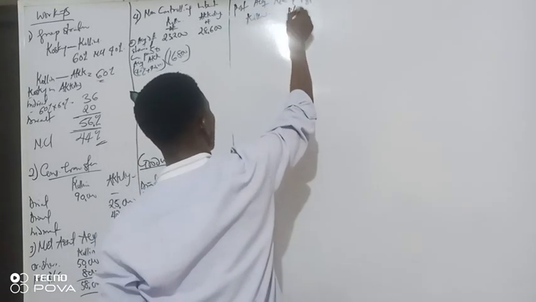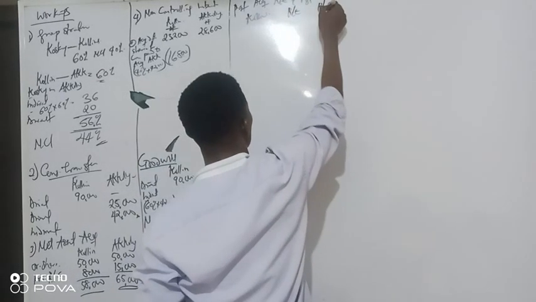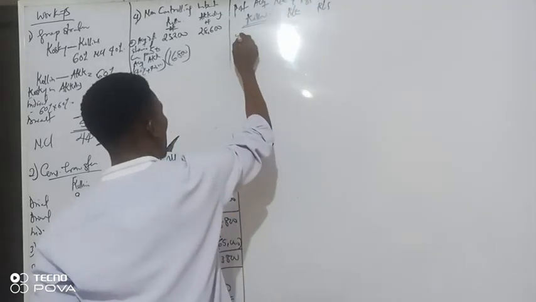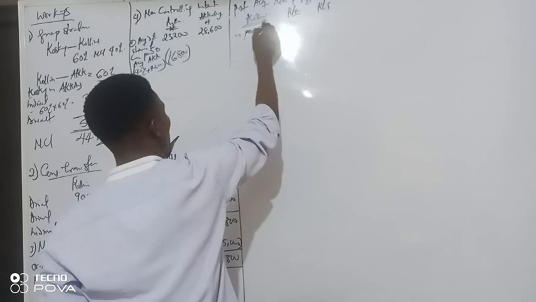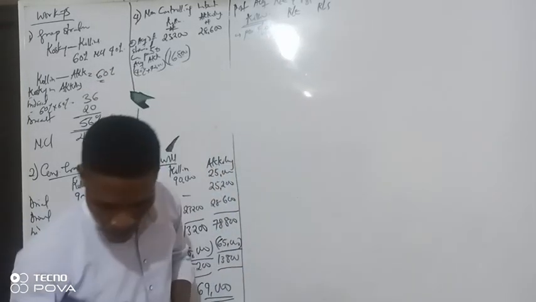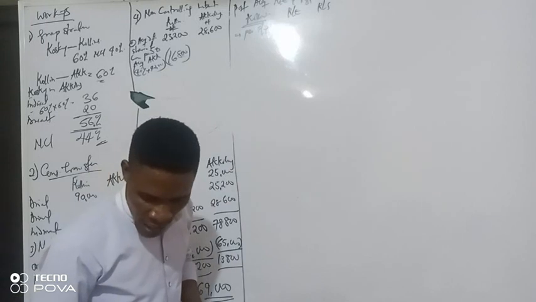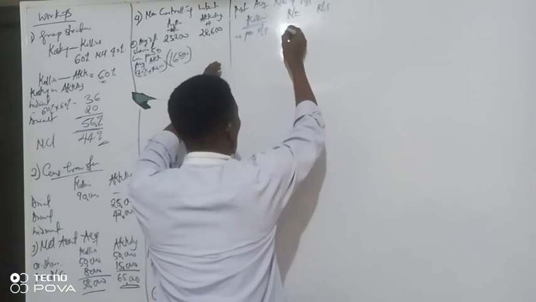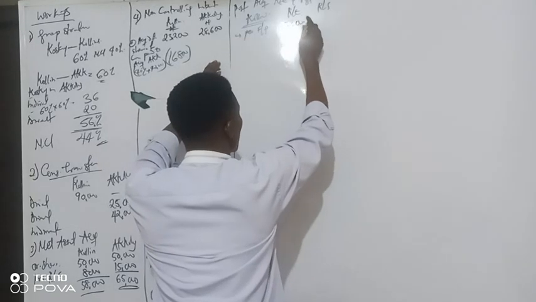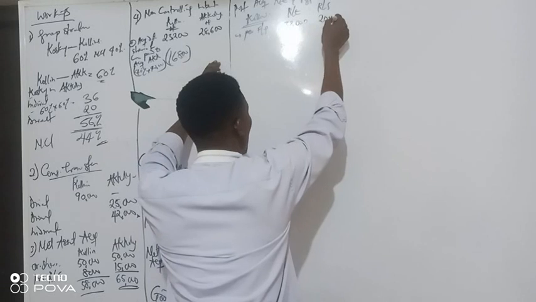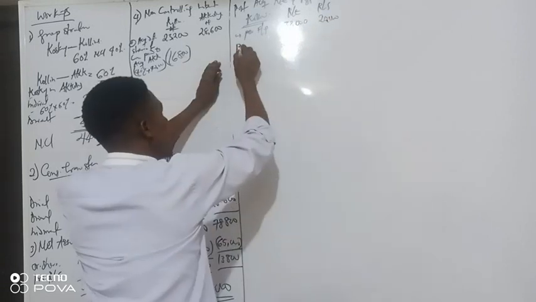We have retained earnings and revaluation surplus. As per the financial position, retained earnings is 32,000 and revaluation surplus is 20,000.